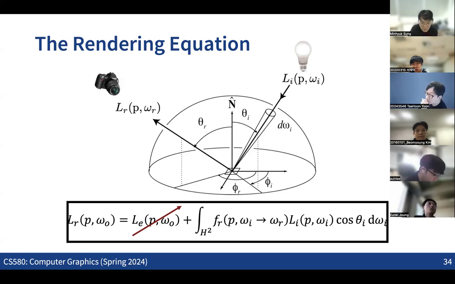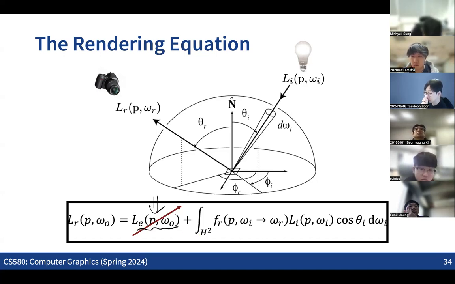If we have a reflection on a surface, we are collecting the information of the incoming radiance from all the directions, and then taking the integral with a ratio of reflection for each incoming and outgoing direction. And then adding a factor of emission in the case that the surface is also emitting light, and then we are calculating the radiance for each outgoing direction. So this was the basic rendering equation.